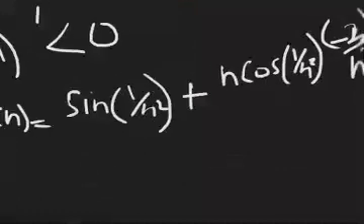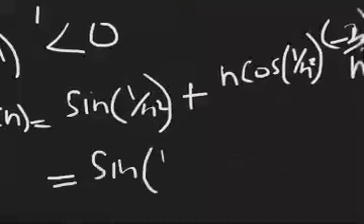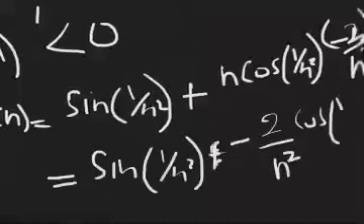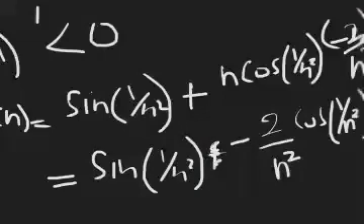So let's rearrange this: sine of 1 over n squared minus 2 over n squared times cos of 1 over n squared, right?